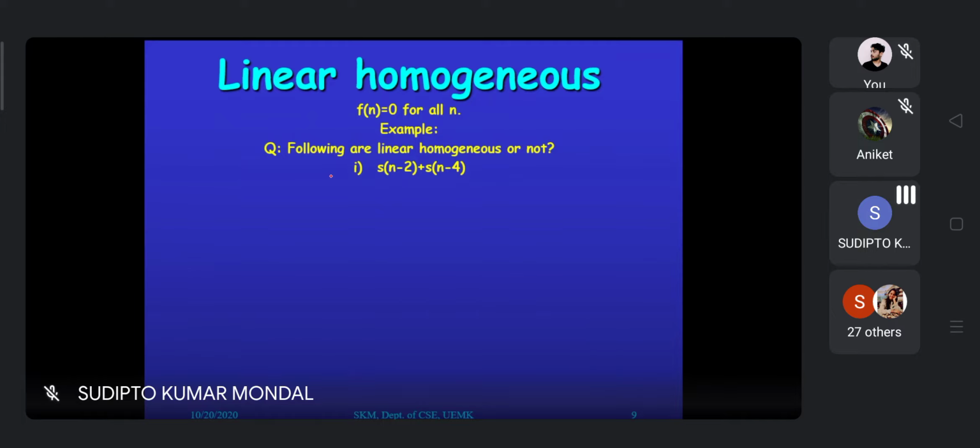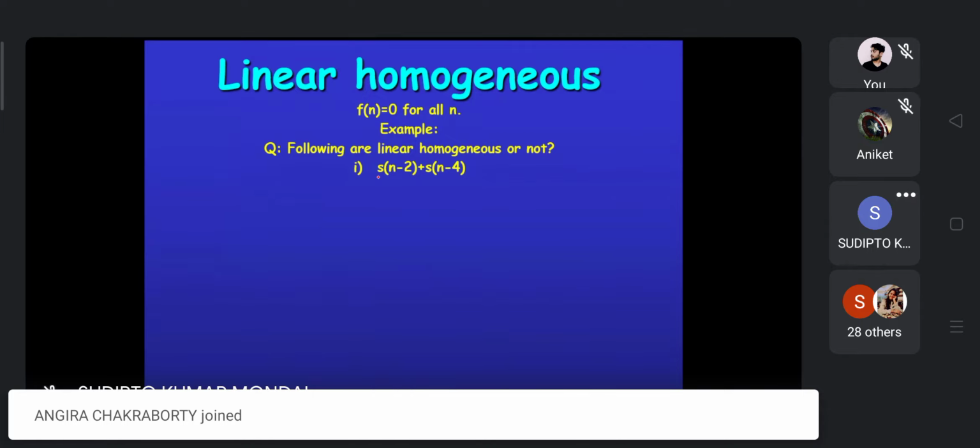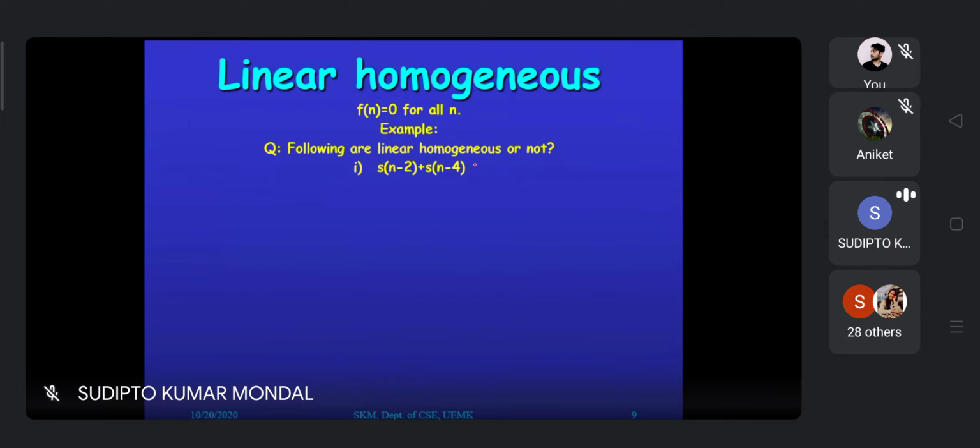That means which term is dependent on whom? That is missing. If the same expression is written this way, S(n) equals S(n-2) plus S(n-4), then only we can say that the nth term is dependent on n-2 and n-4. Then it could have been linear homogeneous. So right now it is not, because the dependency is not there. The nth term is dependent on whom? That is not there.